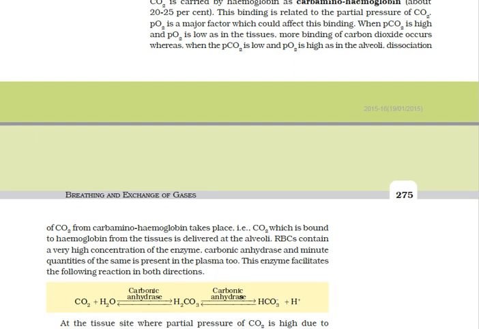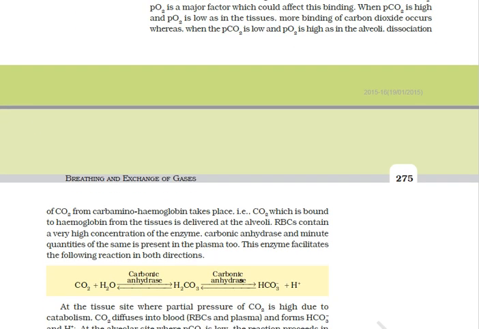You can easily see the chemical reaction of CO2 binding with H2O in the presence of the enzyme carbonic anhydrase and forming bicarbonates, and then again in the presence of an enzyme it will form sodium bicarbonate and H ions.